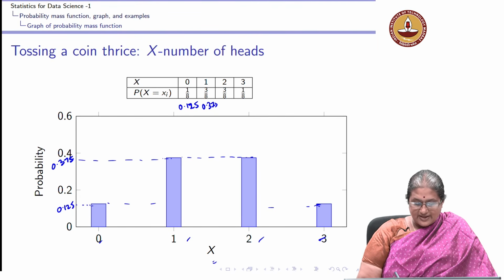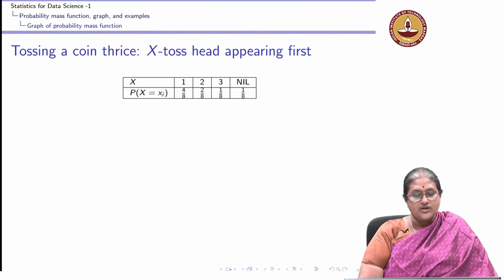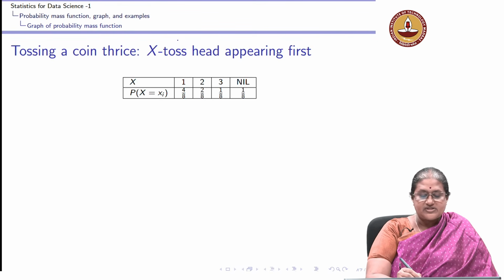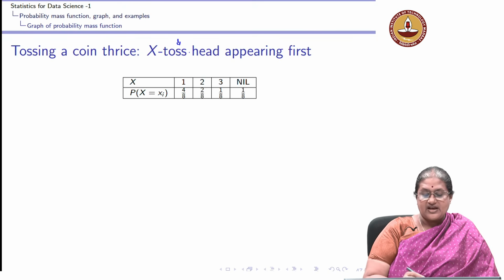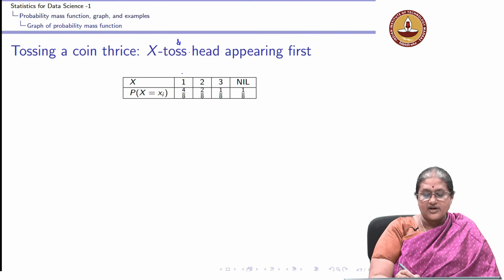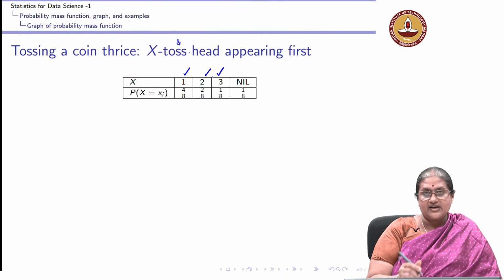Now, let us look at the next example of tossing a coin thrice, where I am seeing the toss where a head appears first. Again, we have seen already that the values X can take are 1, 2, 3. In other words, a head can appear first in the first toss or the second toss or third toss. We define nil.